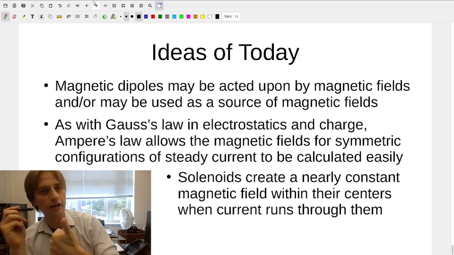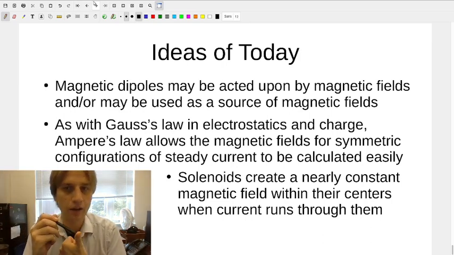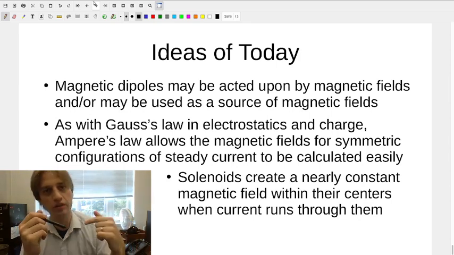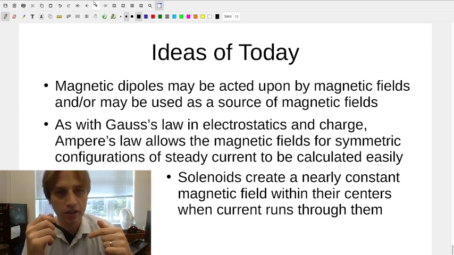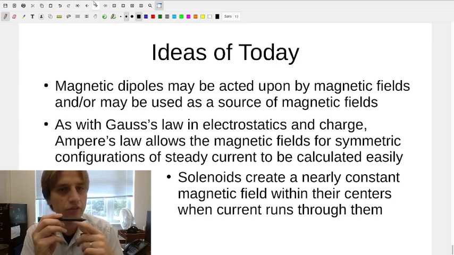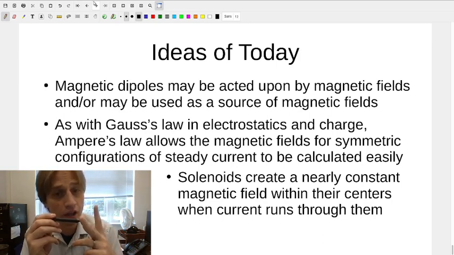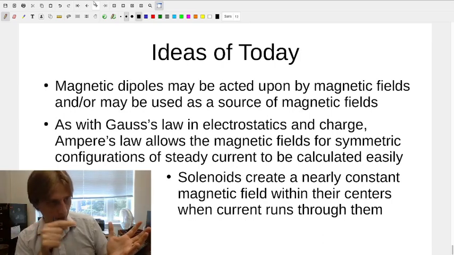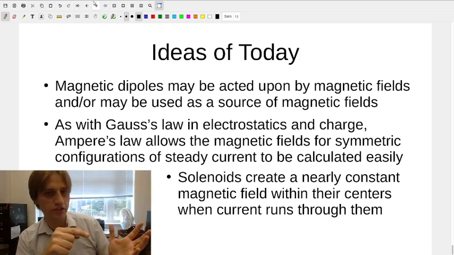Today we talked about how magnetic dipoles can be acted upon by magnetic fields. The torque causes them to gain some angular acceleration, or they can be used as a source of magnetic fields. Then we talked about Ampere's law. Ampere's law is like Gauss's law was for electrostatics, where we could add up the flux over a surface and relate it to the charge inside.